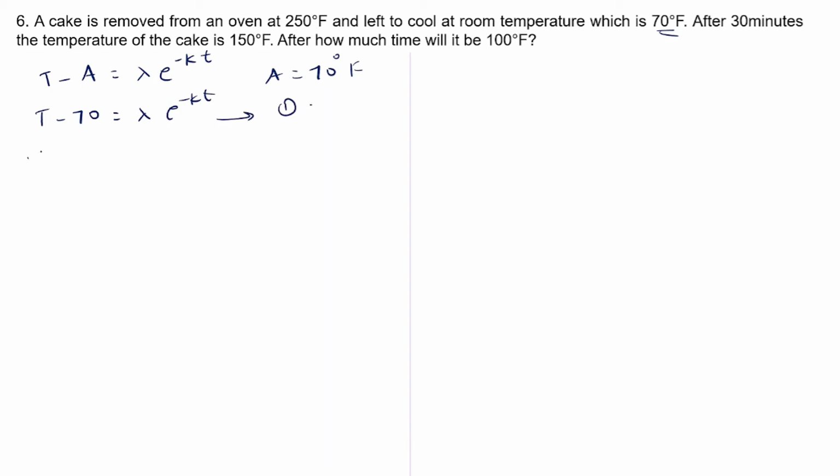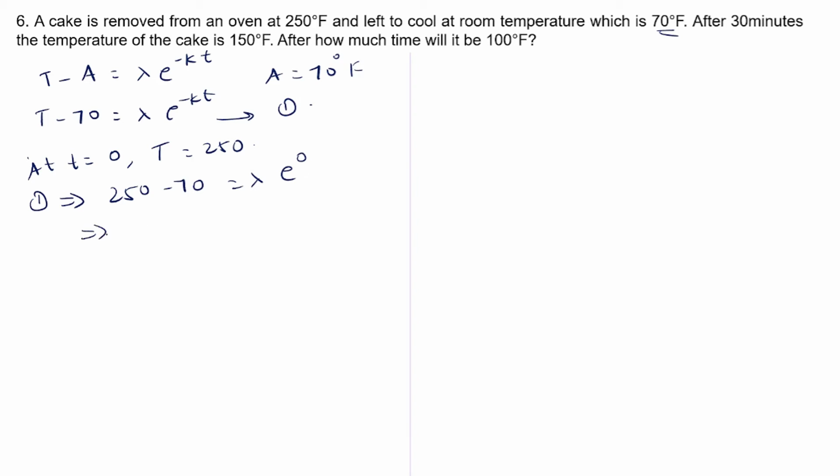Now initially the temperature was 250 degree Fahrenheit. So at t equal to 0, the temperature was 250. So 1 implies 250 minus 70 equal to lambda into e raised to 0.